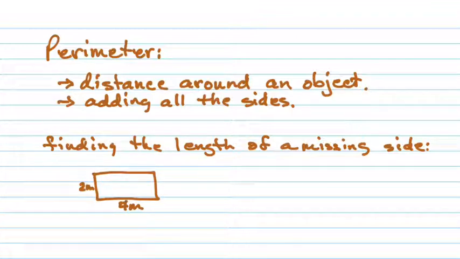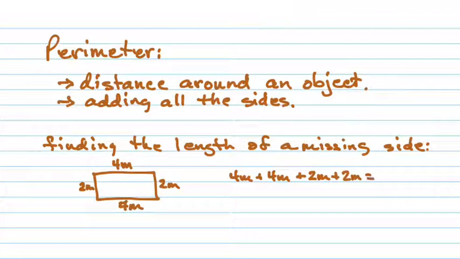It's made up of sets of parallel lines, so the sides opposite are always the same length. So all we have to do is take 4 meters plus 4 meters, notice I'm using units, plus 2 meters plus 2 meters equals what? 12 meters.